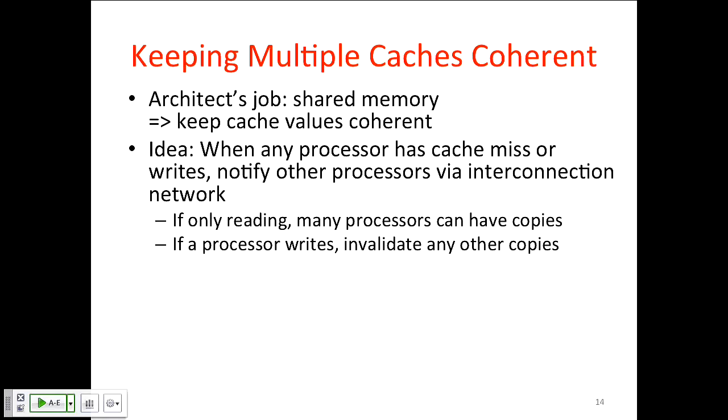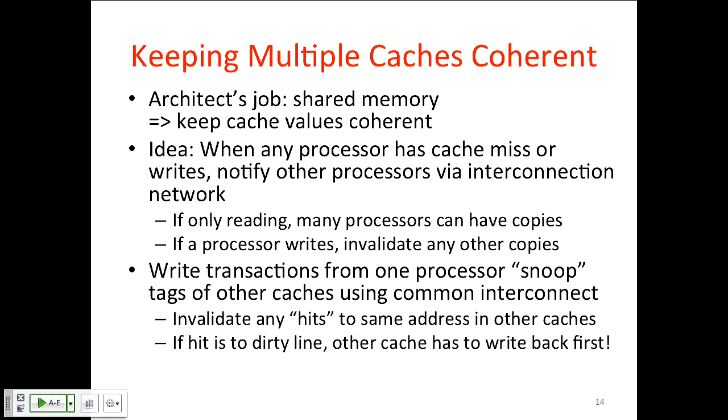If you have a copy, make it invalid. Then it can update the value in main memory, and if one of the other processors tries to read that location, they'll get a miss because the line will be invalid, forcing them to go out to main memory and get the new, fresh version. So that's the general strategy.